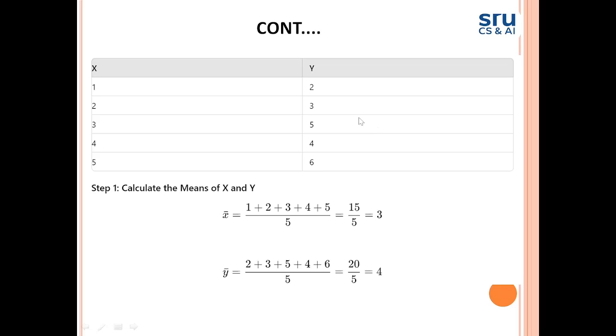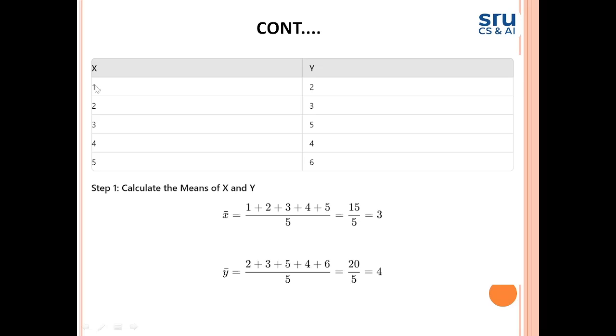Now we will try to implement this on a simple example. Suppose here x has the data 1, 2, 3, 4, 5, and y has the data samples, say, 2, 3, 5, 4, 6. We have to calculate the mean of x.